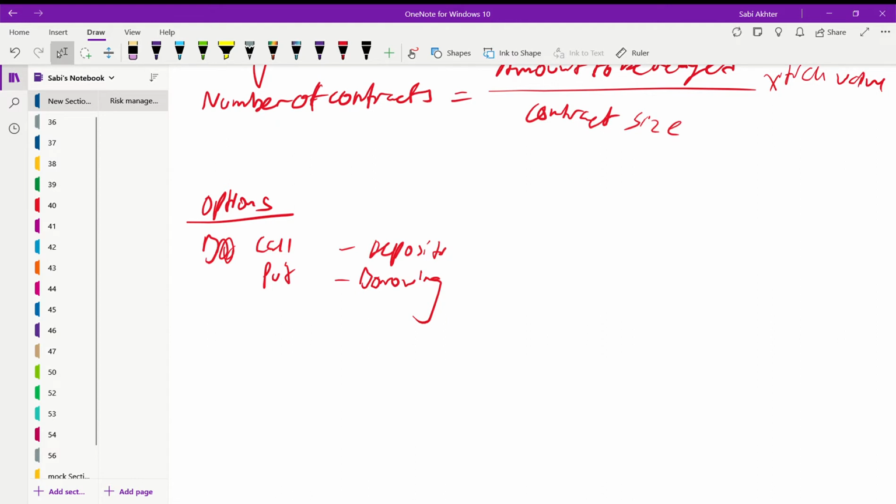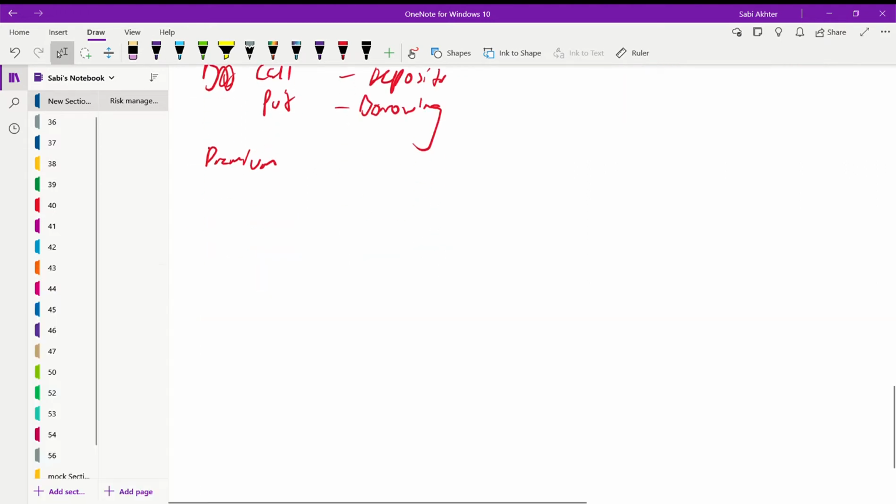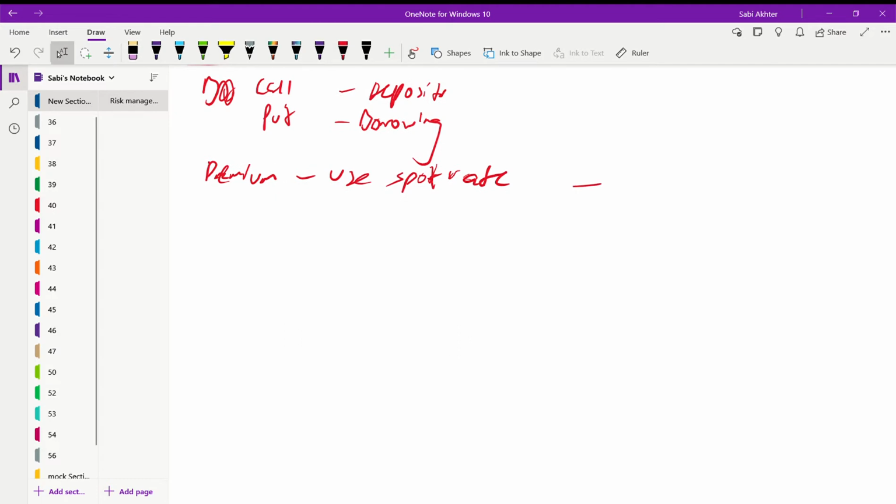Now, what is the next thing? Premium. How can you forget the premium? You have to calculate the premium. When you calculate the premium, you have to use spot rate to convert the premium. If this is a payment, then what rate you have taken? For this also you have to choose the spot rate.